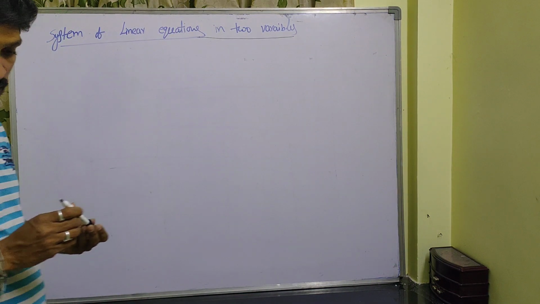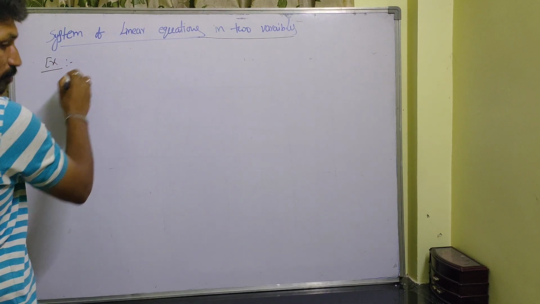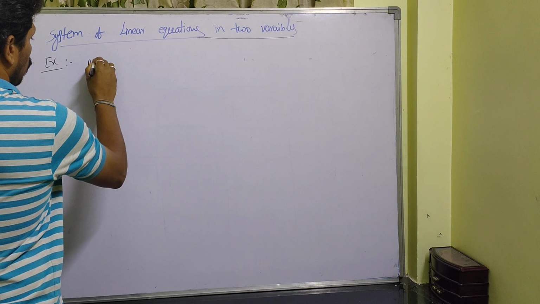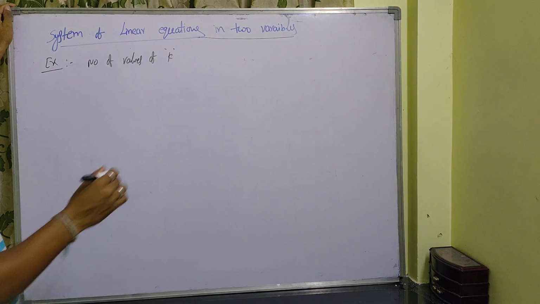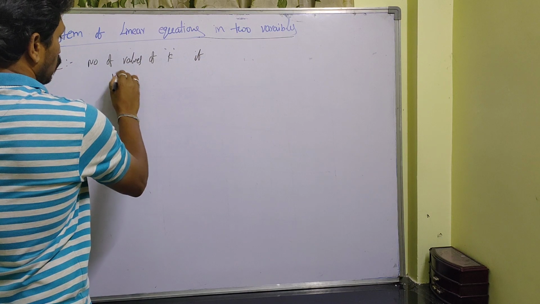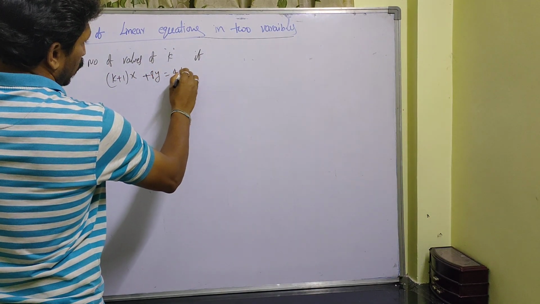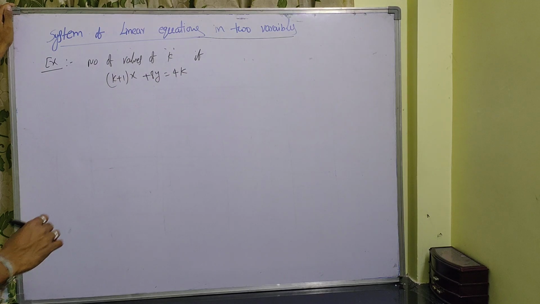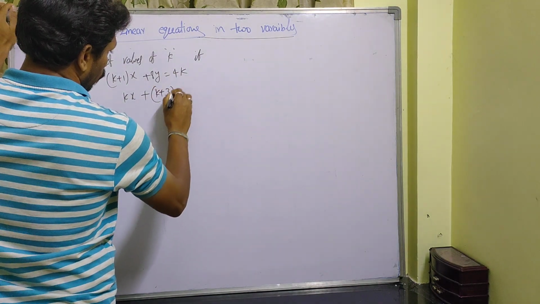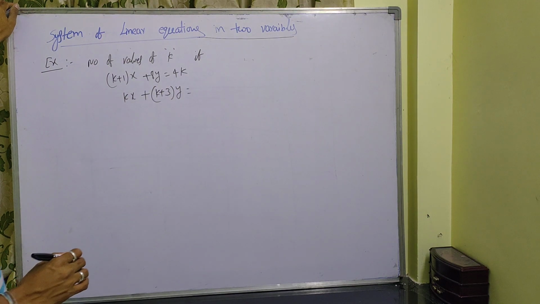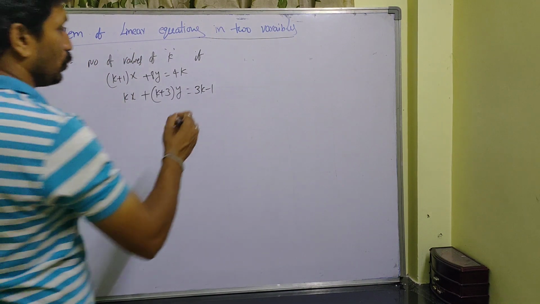First question: find the number of values of k if (k + 1)x + 8y = 4k and kx + (k + 3)y = 3k - 1 has infinitely many solutions.